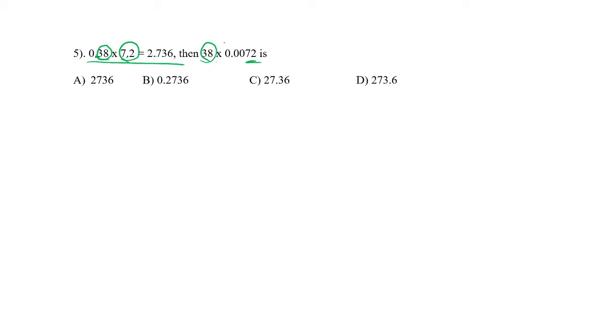And see here, the numbers are the same, but here the decimal portion is before 4 digits. So the result is the same, but the decimal point must be present before 4 digits. Before 4 digits means before 2. So 0.2736 is the result. Option B.